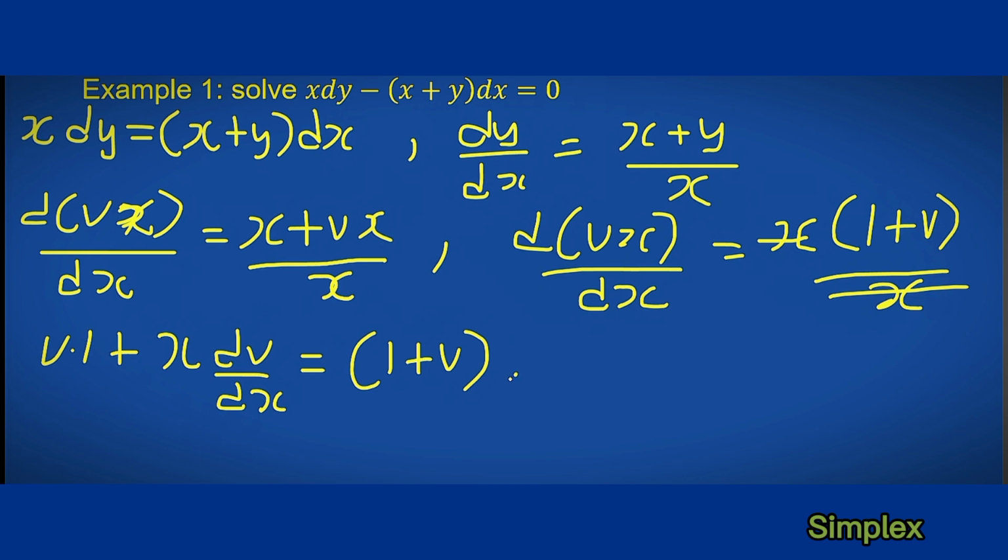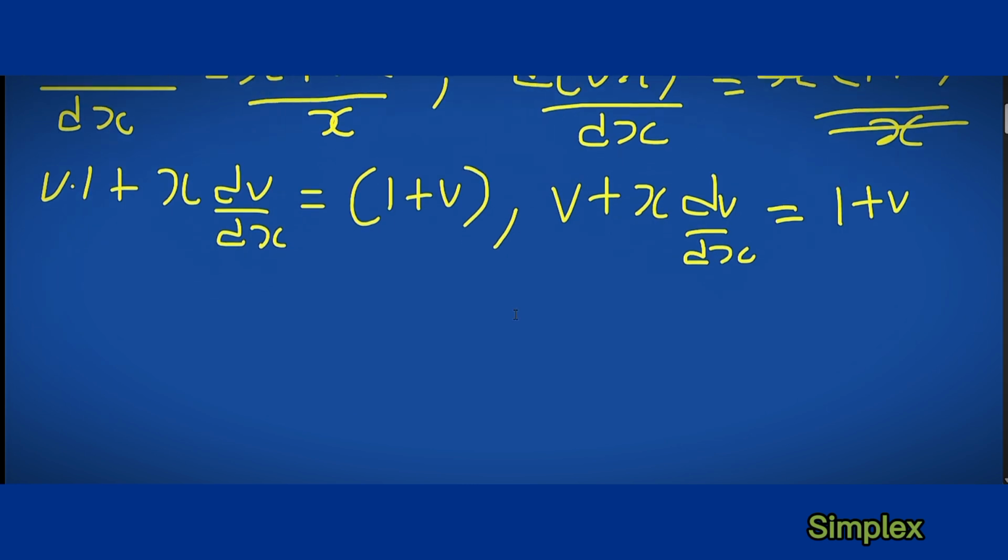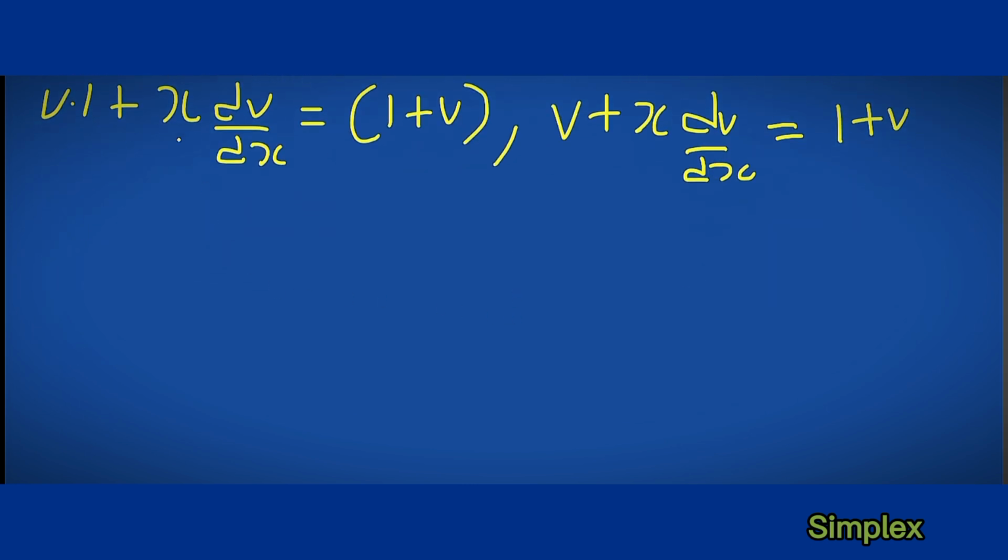So simplifying further, we have v plus x dv/dx is equal to 1 plus v. Making x dv/dx the subject of formula, we have x dv/dx is equal to 1 plus v minus v.